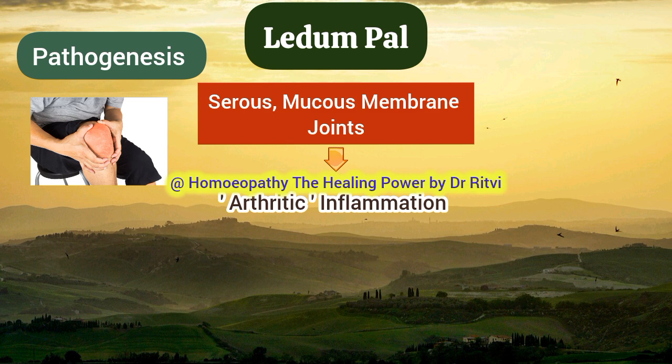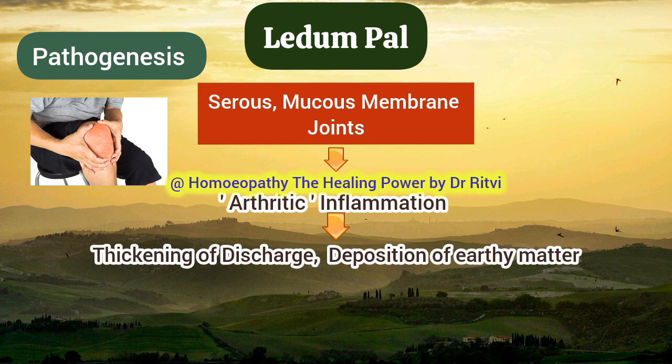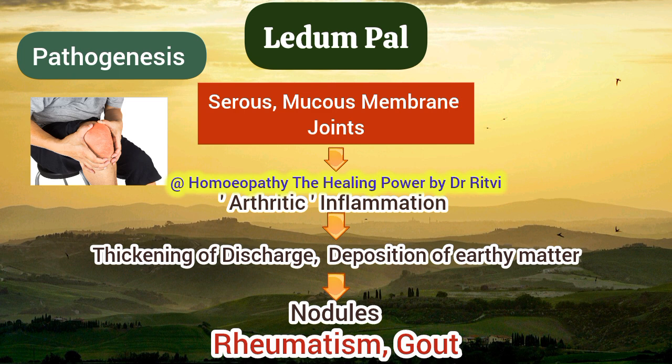This inflammation later produces thickening of discharge with deposition of some solid earthy matters, which leads to formation of some nodules. Friends, this is nothing but a pure picture of rheumatism and gout. So the pathophysiology of this remedy depicts the exact pathology of rheumatism and of gout.